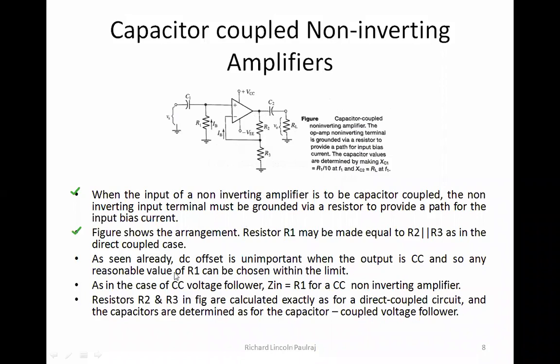is unimportant. Can someone tell me why is that? We are saying that this DC offset is unimportant when the output is capacitor coupled. Why is it so? Why is it unimportant? Because we have already rejected DC and are allowing only AC. Yes, that is also one case.